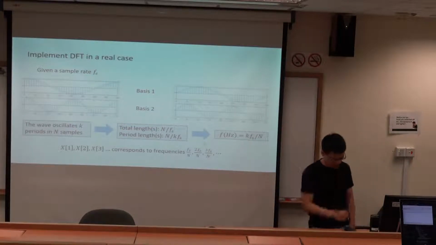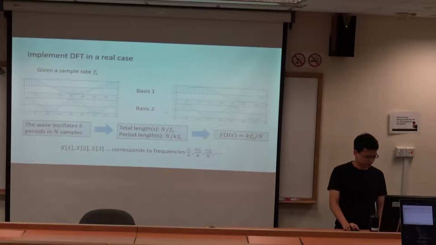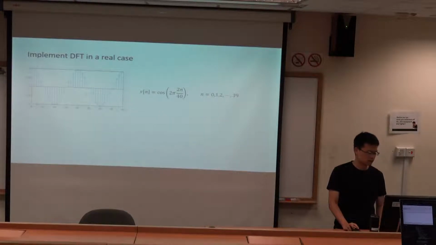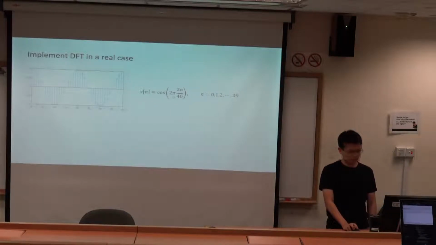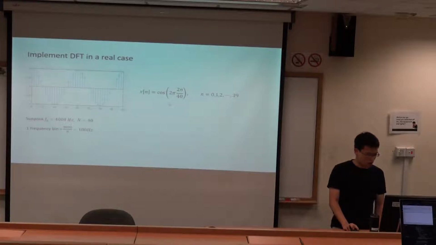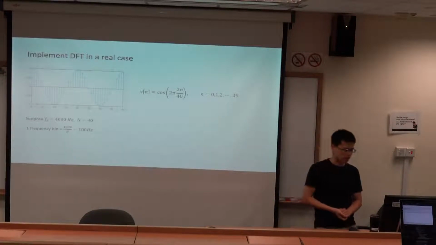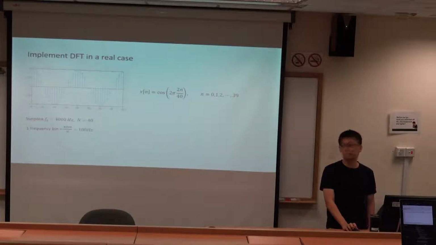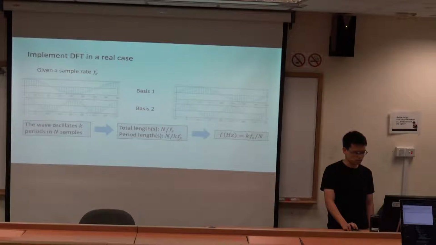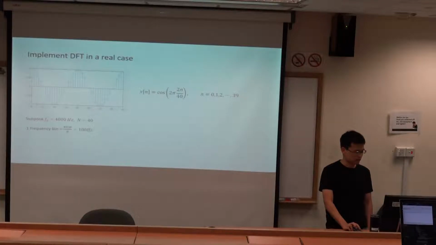Okay, let's do an example. Again, this is our original signal. If I give you a sample rate of 4,000 hertz, and a capital N, or the signal length, is 40, then one frequency bin will equal, if you remember the formula here, Fs divided by N hertz. That's 100 hertz.